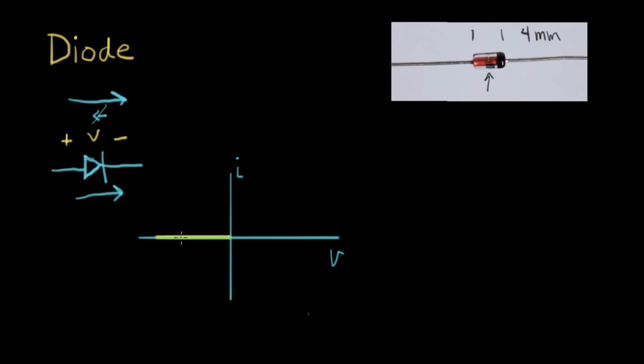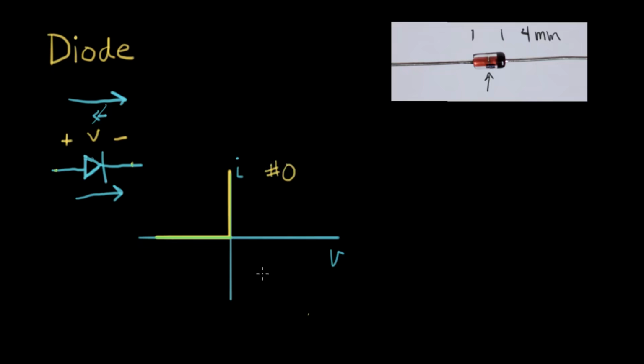If the voltage across the diode was negative, that is, this terminal was at a higher voltage than this terminal, there would be zero current flowing. And then for any positive voltage, basically the diode would look like a wire. So I can call that essentially model number 0 of a diode.